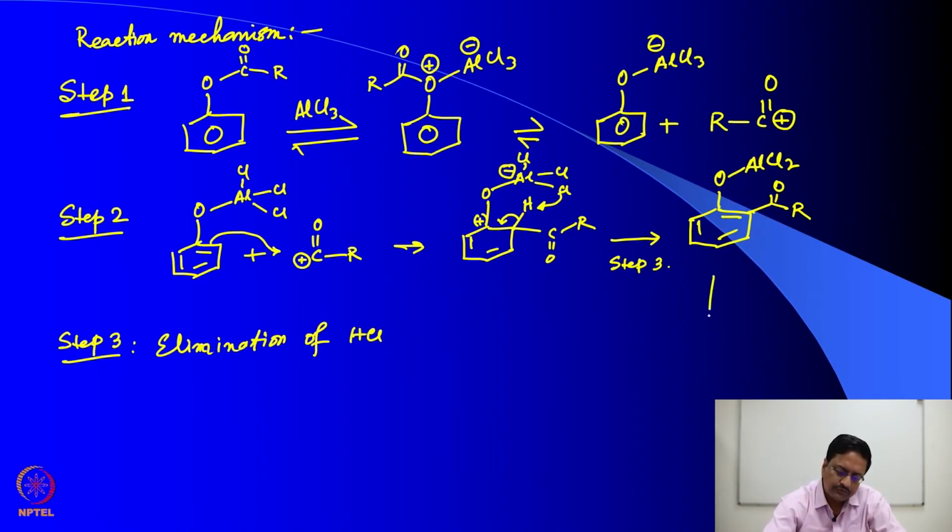Now, step 4 is a step of hydrolysis. On adding water to this adduct of aluminum chloride with the phenolic OH, the product is released.